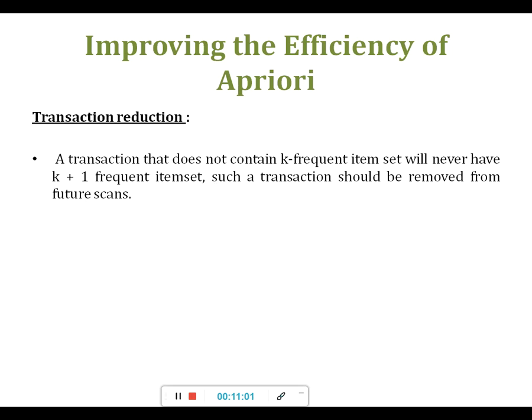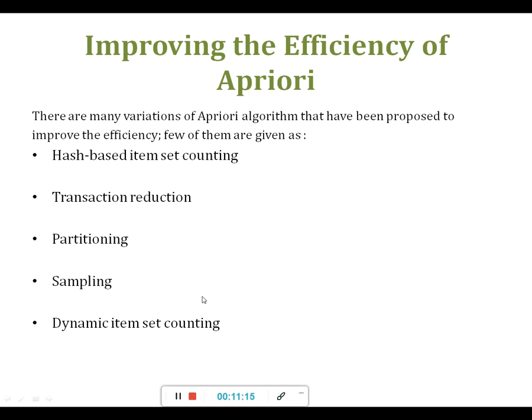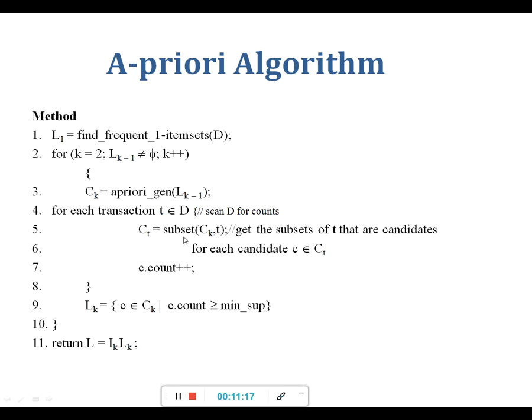Transaction reduction means a transaction that does not contain a k frequent item set will never have a k plus 1 frequent item set. Such a transaction should be removed from future scans. Whenever our algorithm checks a subset, if the subset is frequent, then the superset can be frequent.